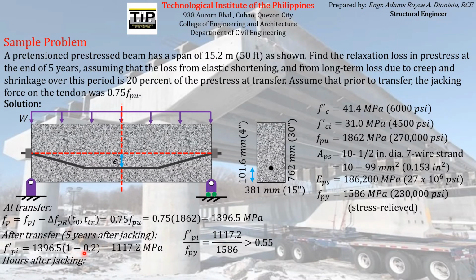And then since we need the number of hours after jacking to find the pre-stress loss due to steel relaxation, because steel relaxation is a time-dependent pre-stress loss, we need to find the particular time we are concerned with.